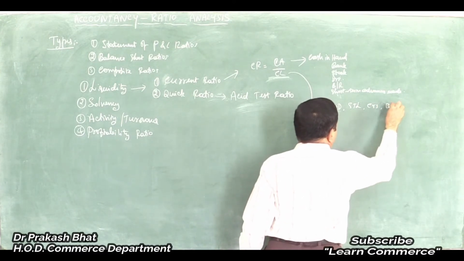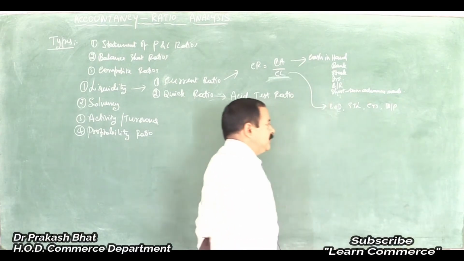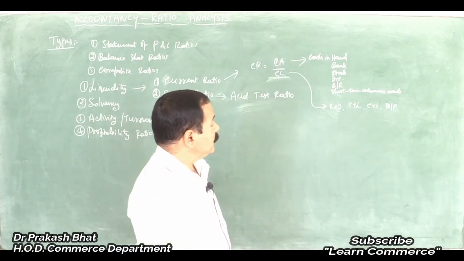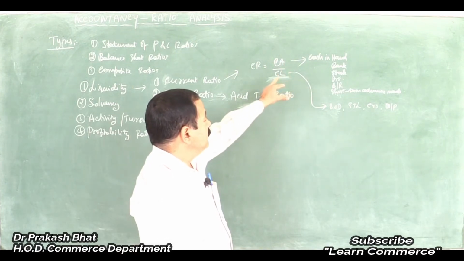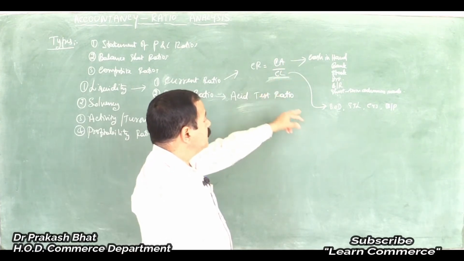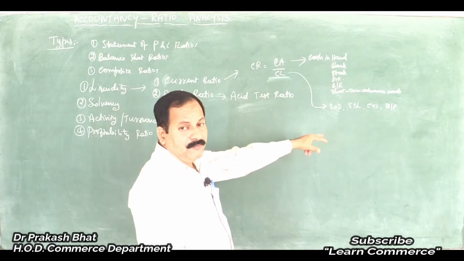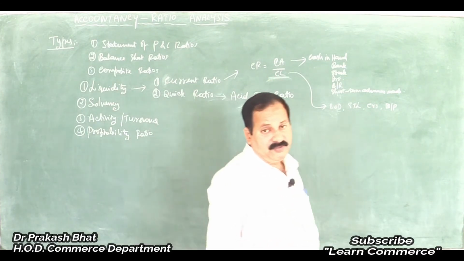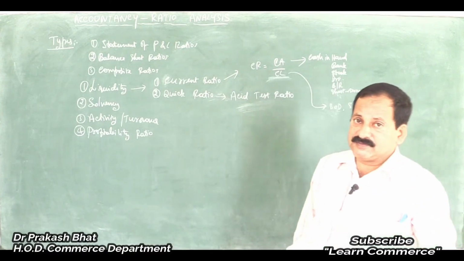These are short-term obligations. When we take the total of all current assets and divide it by the total of current liabilities, whatever we get is the current ratio. Remember this.